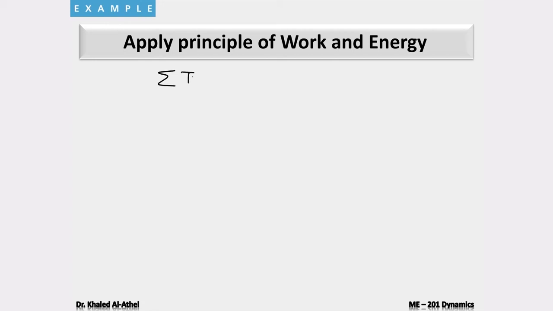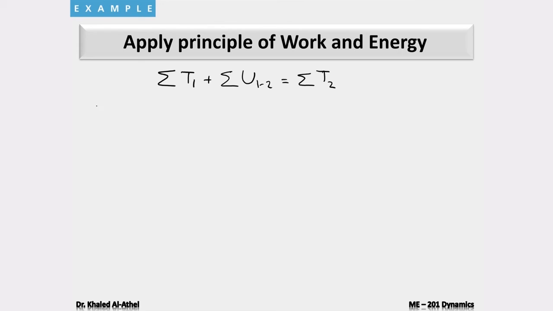So, principle of work and energy: summation of T1 plus summation of the work done between 1 and 2 should equal summation of T2. Now, since I have a big problem with two different masses or particles or objects, I'm going to write every one of these separately rather than cramming them all together into one huge equation.